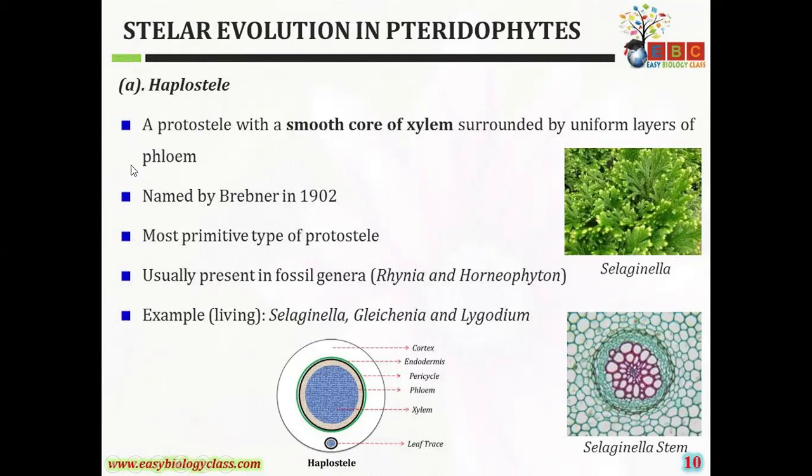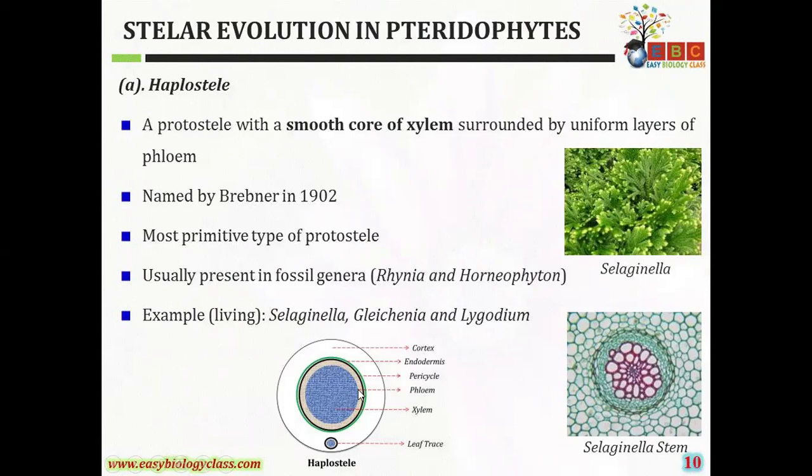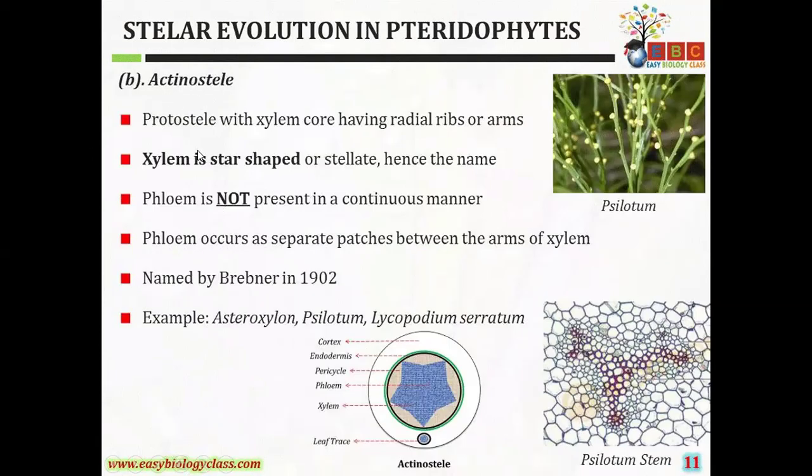This haplostele is the most primitive one, and it is often observed in fossil genera and also in Selaginella and some species of Lycopodium. This is haplostele.